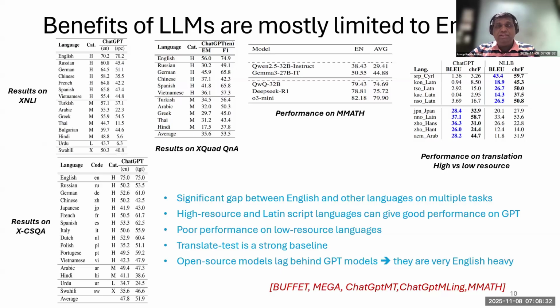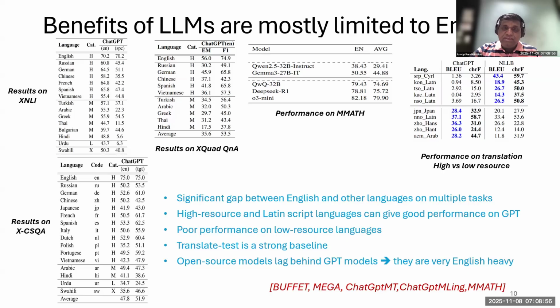Just to give you an idea of how LLMs compare for English versus other languages, here is a sampling of results on various kinds of tasks, ranging from simple ones like XNLI to translation to reasoning tasks like MMath. And across all this, you'll find that there is a fairly good gap between English and other languages.